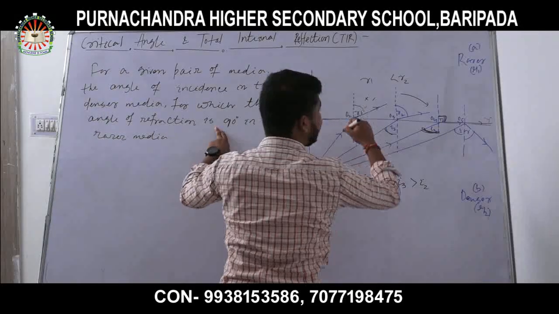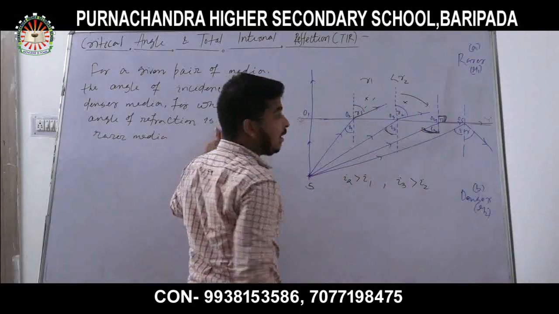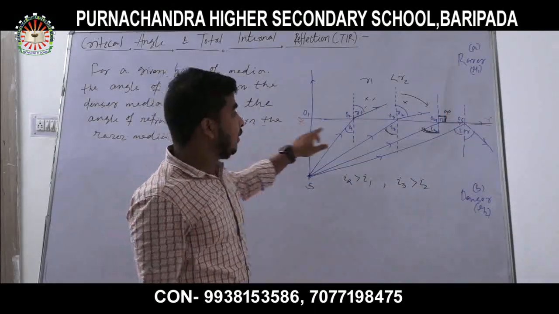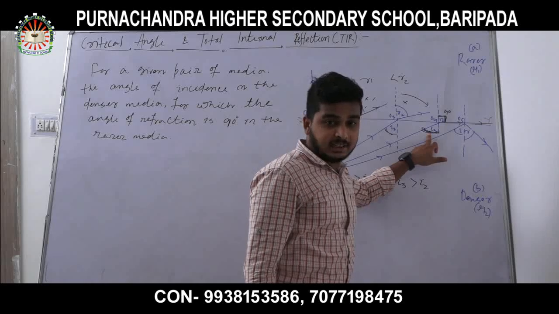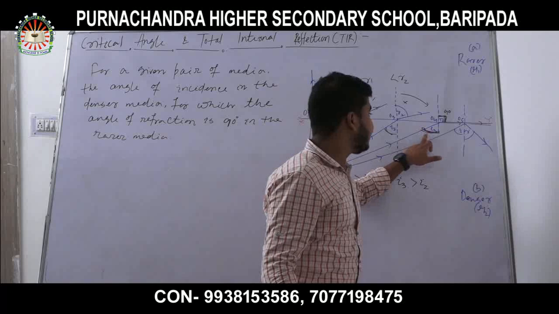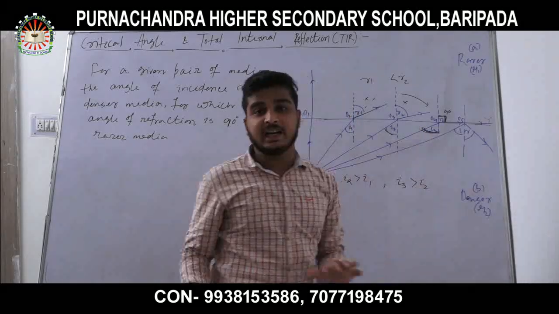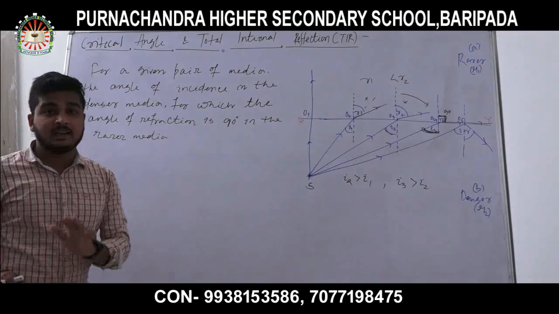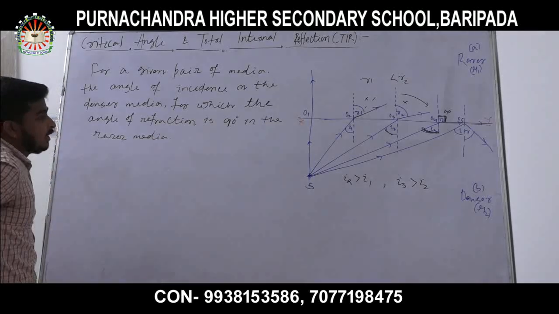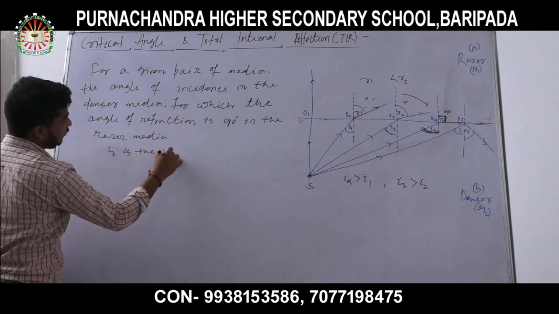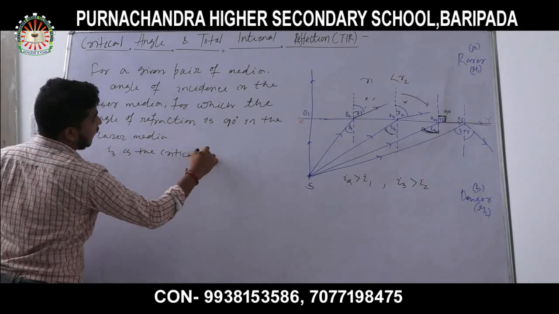This angle is not 90 degree, but this angle is 90 degree. So for this angle of incidence I3, the angle of refraction is 90 degree. So this angle I3 is called the critical angle. I have written that I3 is the critical angle.